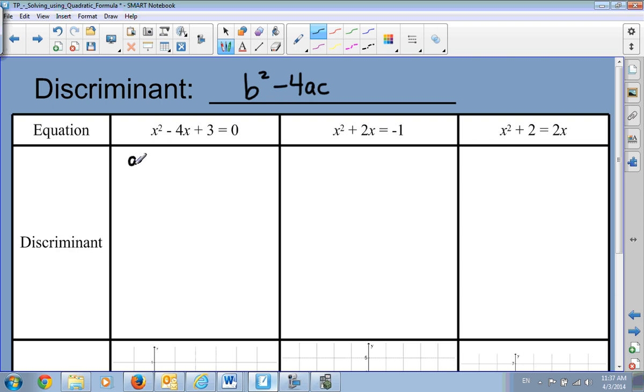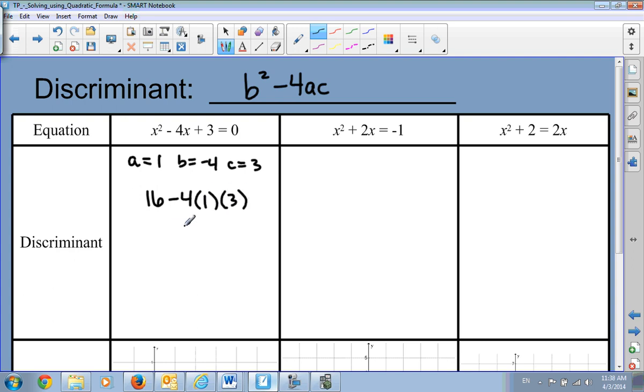So what is our A value of this guy? What's our B value? What's our C value? Okay, so all we're going to do here is just the discriminant. We're just doing the b squared minus 4ac. So b squared for negative 4 is 16 minus 4 times, what's our A? 1 times 3.